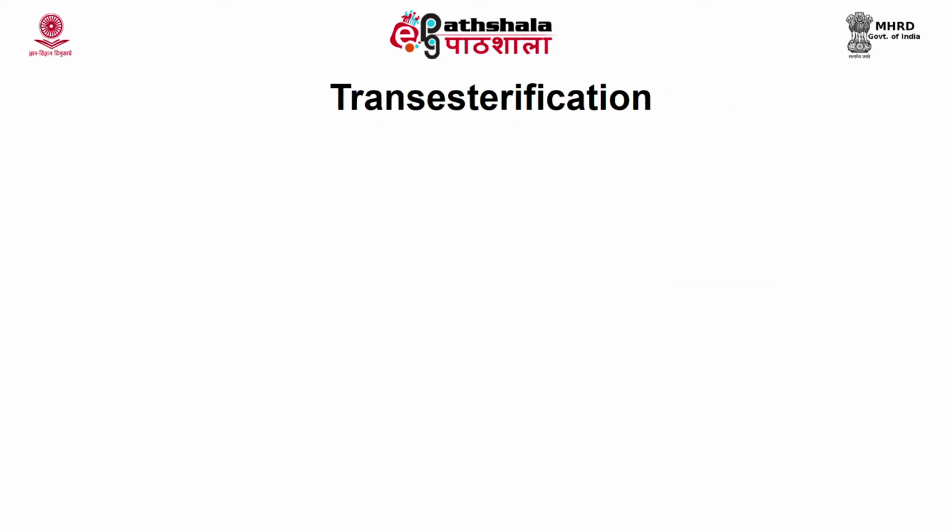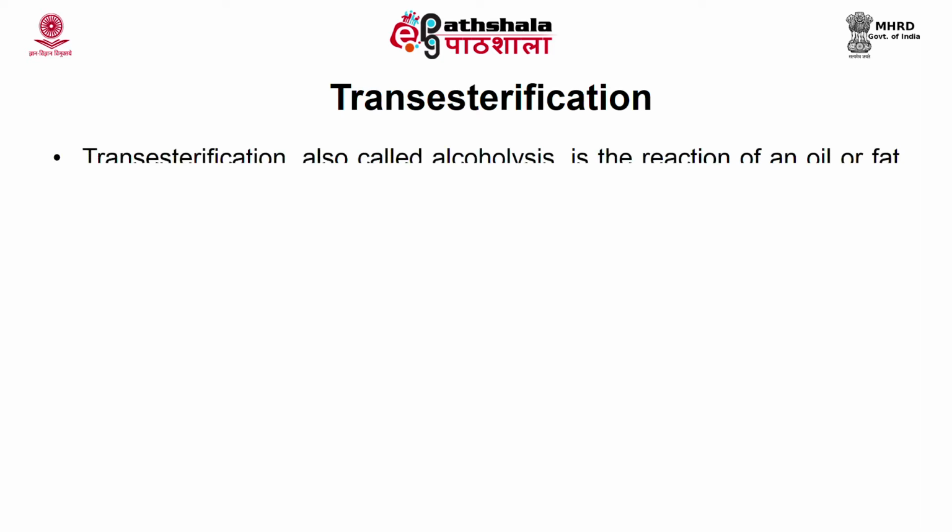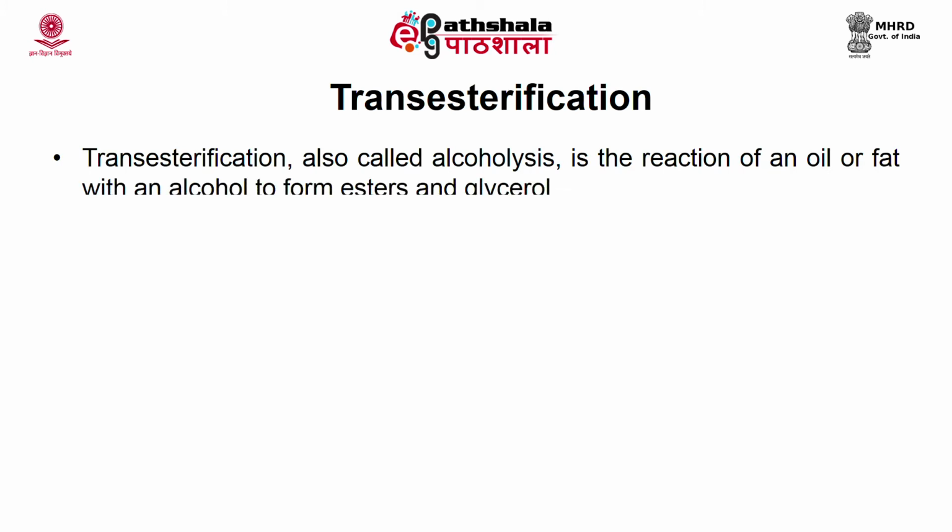Coming to the transesterification process, it is also known as alcoholysis. It is the reaction of an oil or fat with an alcohol to form ester and glycerol. Here, the triglyceride present in the oil or fat reacts with the alcohol in the presence of a catalyst, and produces fatty acid methyl ester, fatty acid monoalkyl ester, along with the byproduct glycerol.